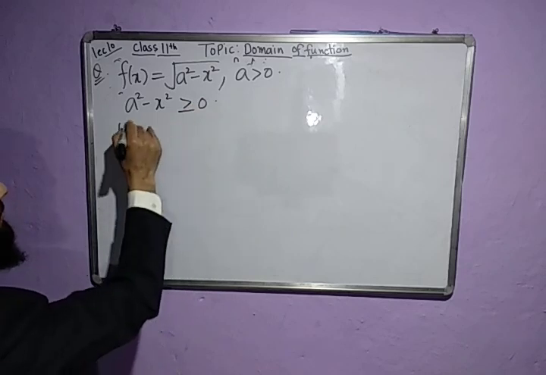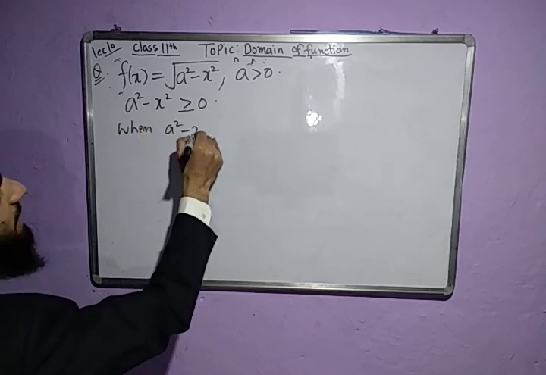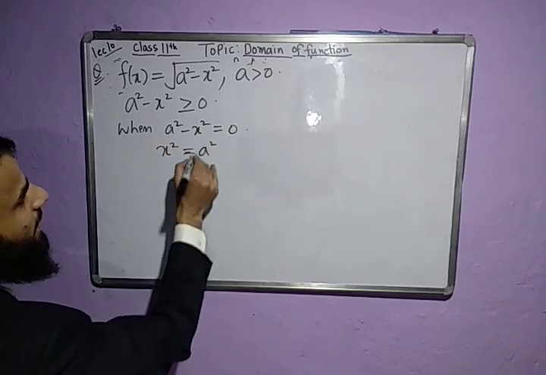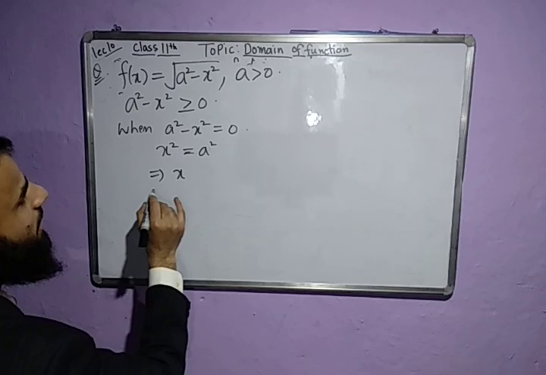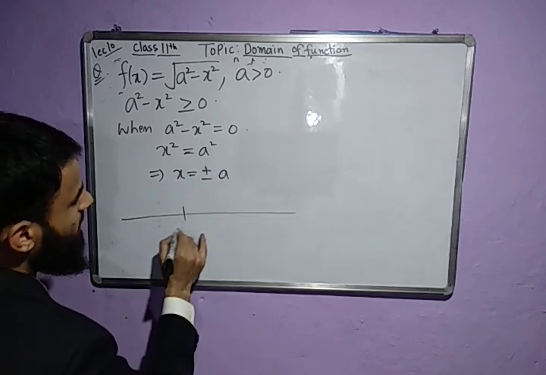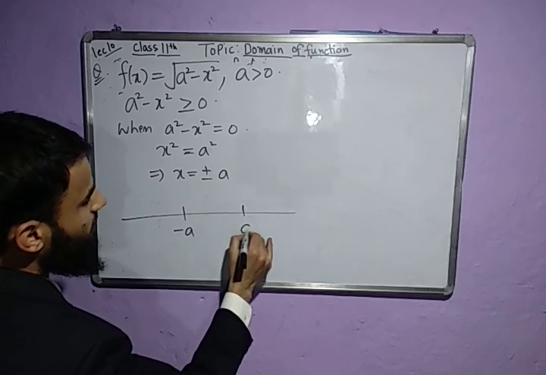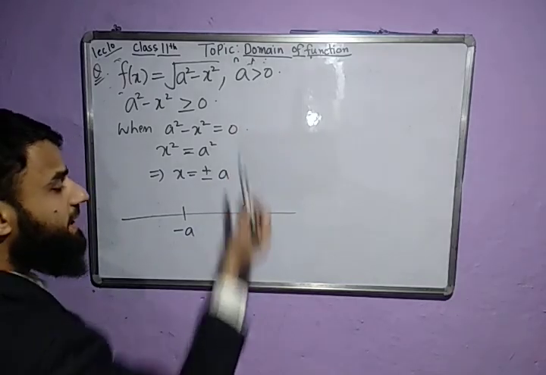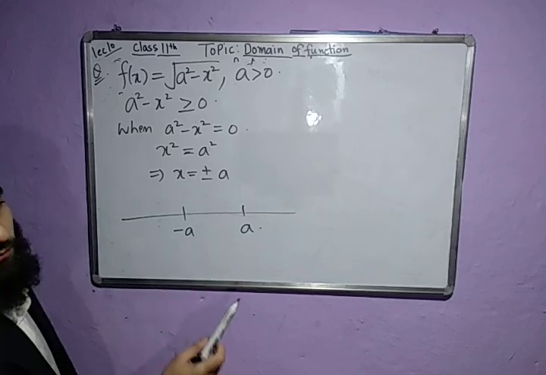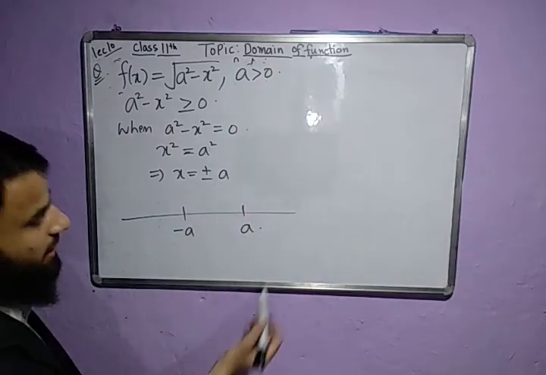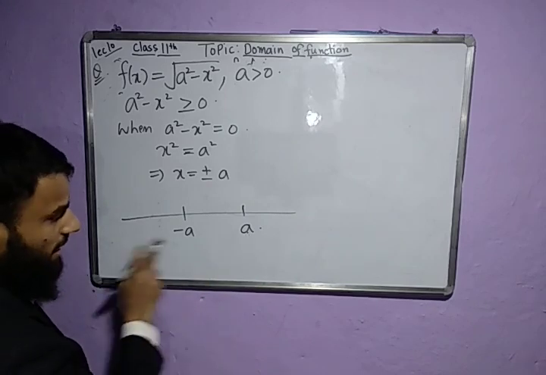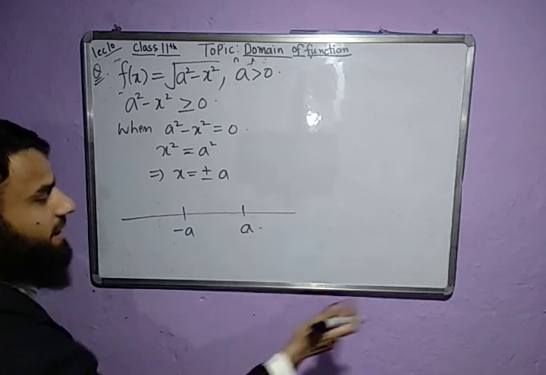When a square minus x square is equal to 0, what will be the roots? x square will be equal to a square, and I will get x is equal to plus minus a, and then I plot it on the number line. Since a is greater than 0, a will be greater than minus a. So it's very important. That's why I am putting minus a on the left hand side and a on the right hand side.